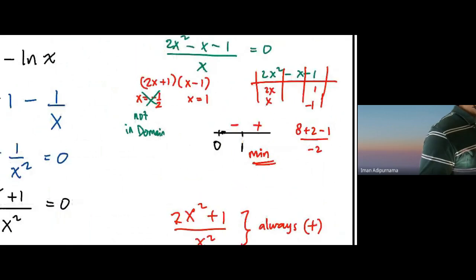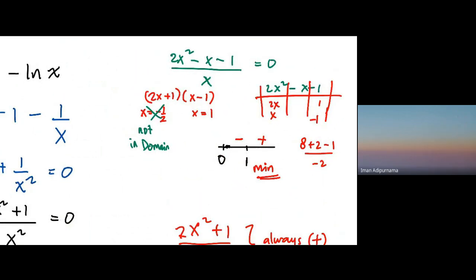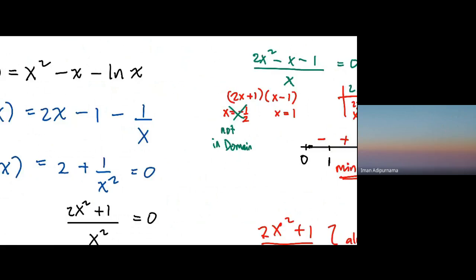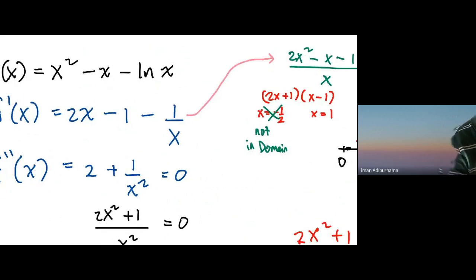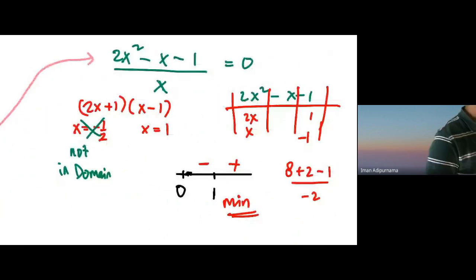You can check first what kind of points we have. Maybe we can start with the first derivative here. We want to check 2x minus 1 over x, so check the first derivative. Make it in this form and make it equal 0, and check whether there is some special point there.